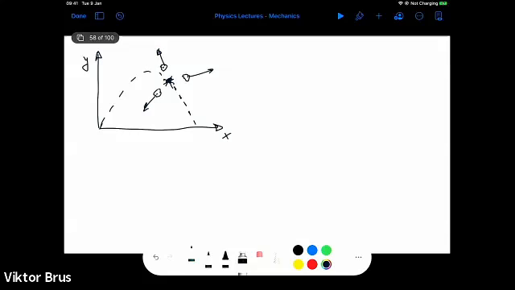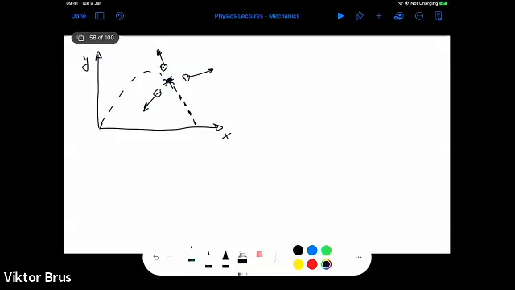Because of this law of conservation of momentum, the center of mass of these three bodies will continue moving along the same trajectory as this projectile would move without any explosion. So this is one of the very clear illustrations of the result of conservation of momentum in a system of many bodies.